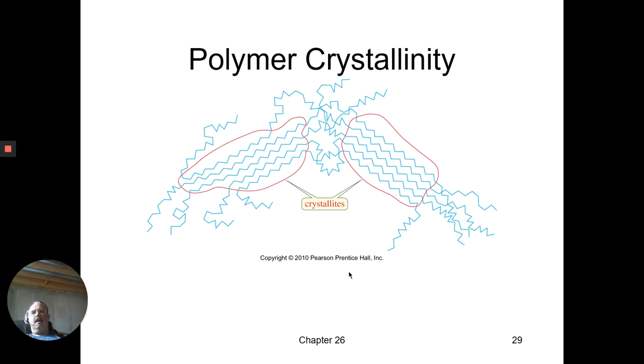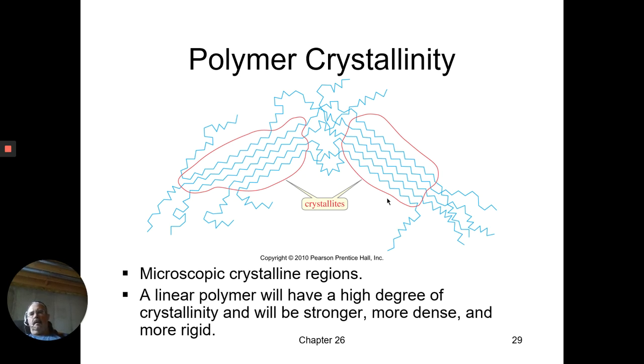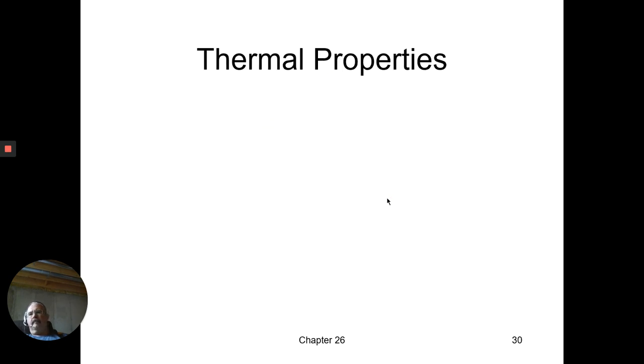Next we'll look at polymer crystallinity. Here we see a partially ordered structure. A linear polymer will have a high degree of crystallinity, and it'll be stronger, more dense, and more rigid.